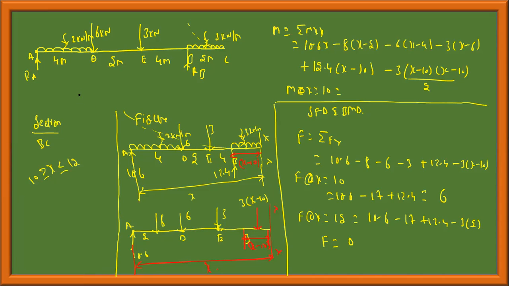M at x equal to 10 should be equal to 10.6 into 10 minus 8 into 8, 10 minus 2, 8 minus 6 into 6 minus 3 into 4. This is 0. Tell me both of these now.